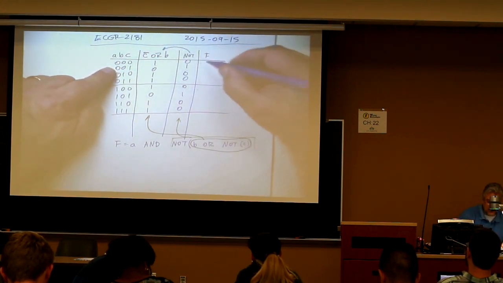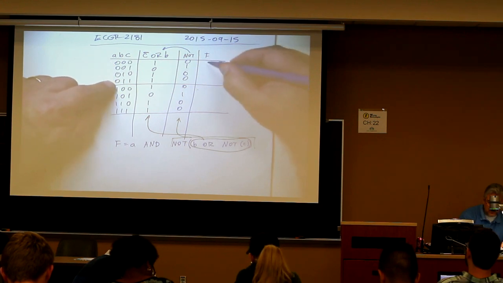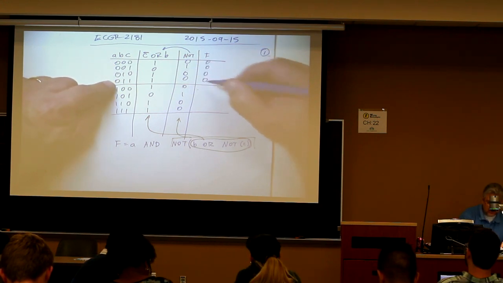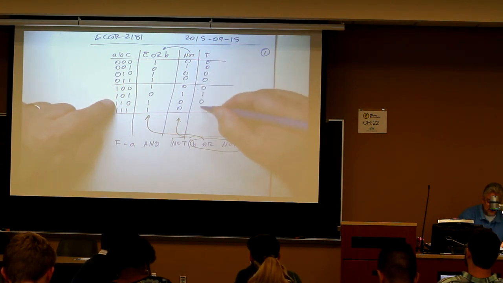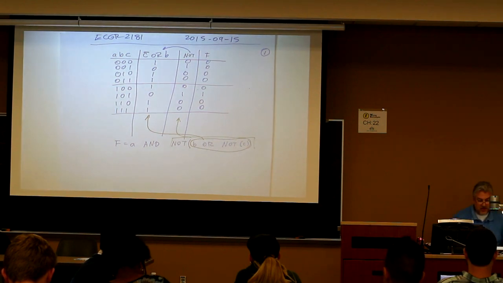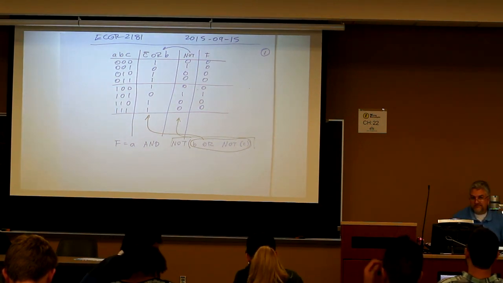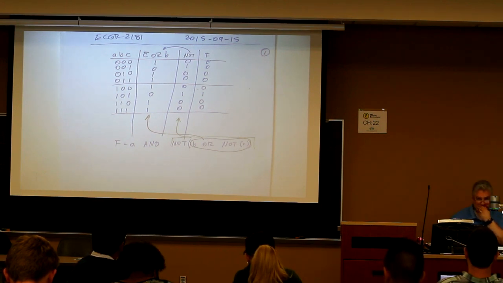And of course, since A up here is all zeros, we know that's immediately going to be 0. So now we need to look down here, and oh my gosh, there's only one situation where we have a 1 in F. Lots of murmuring. That means people are kind of saying, ooh.